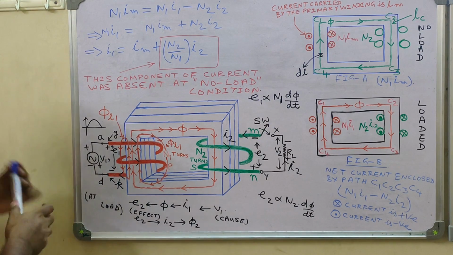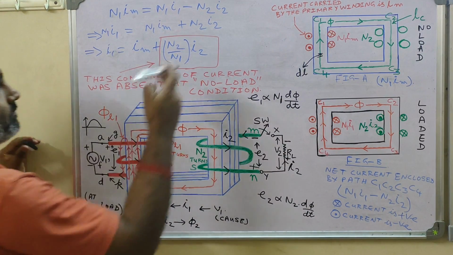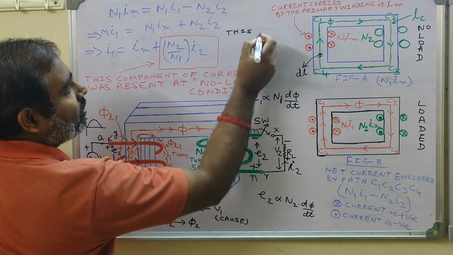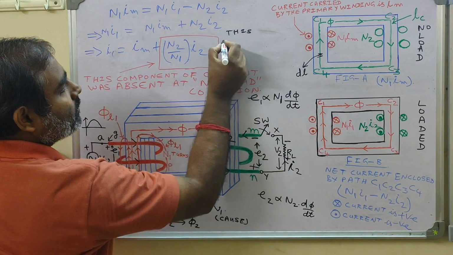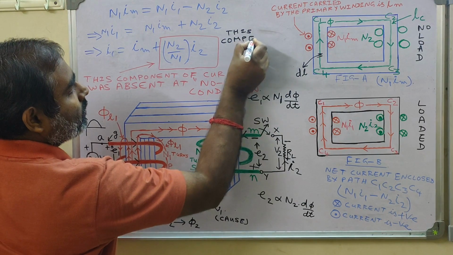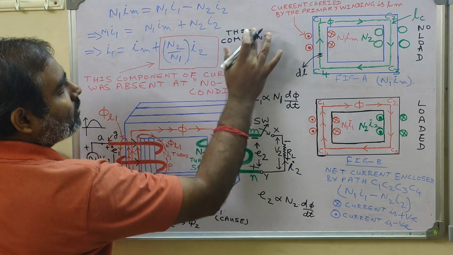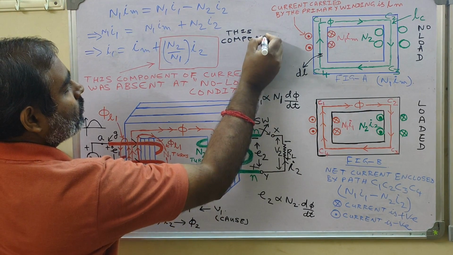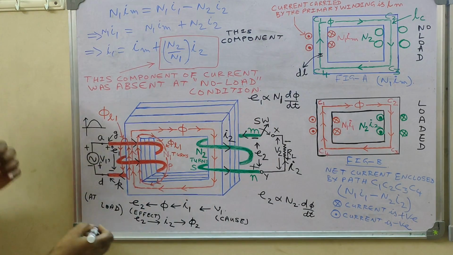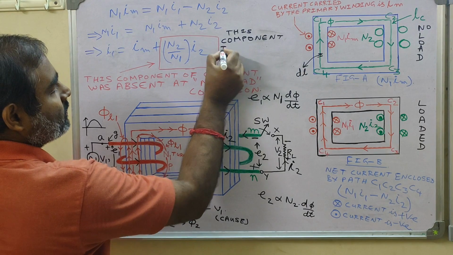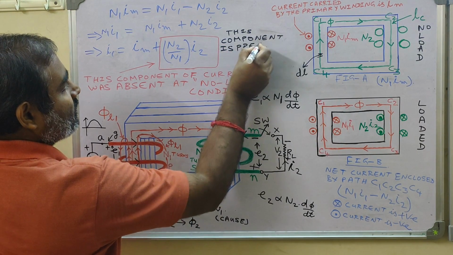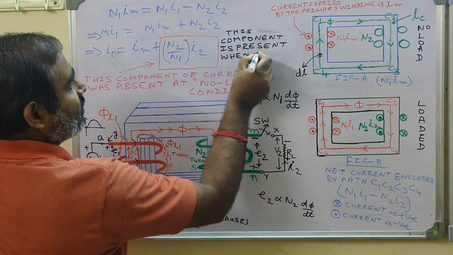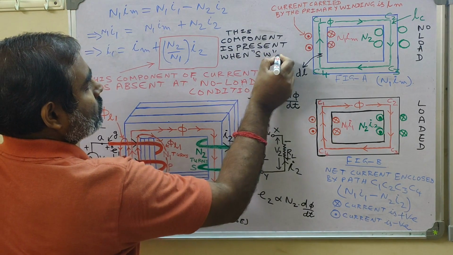So let me write in other words, this component of current is present when SW is closed.